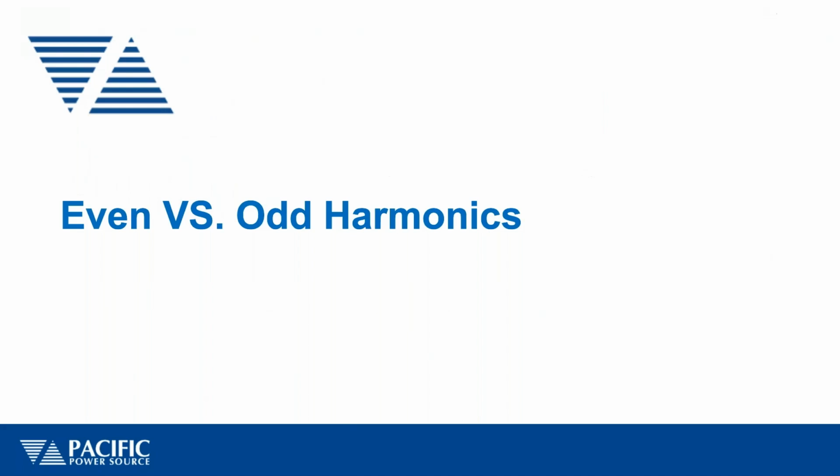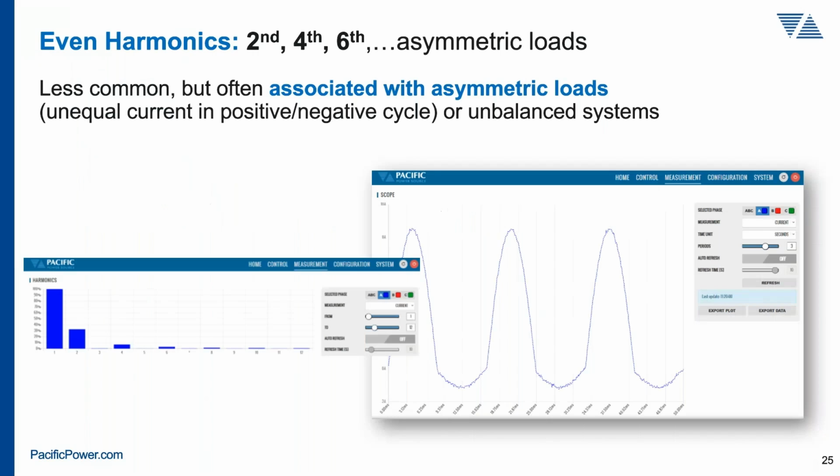Next, we'll talk about the difference between even and odd harmonics. These are terms that are commonly used in industry. Sometimes you'll hear the system having even harmonics, or you're evaluating something and you only see even harmonics. These are harmonics that are even, so the second, fourth, sixth, and so on. These are typically seen on asymmetrical loads.